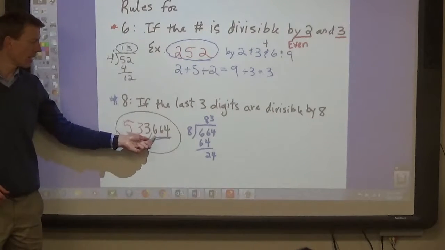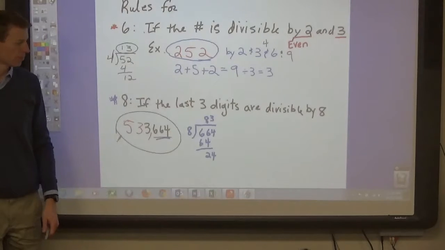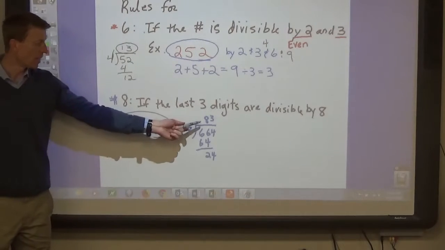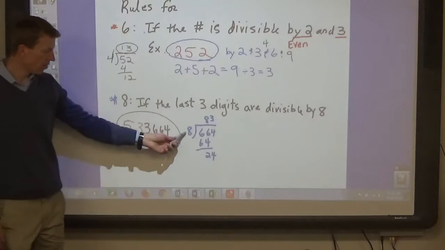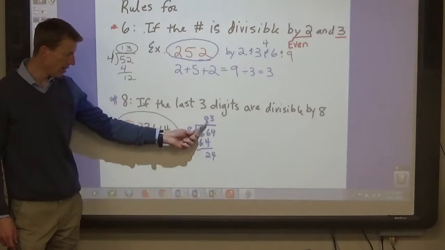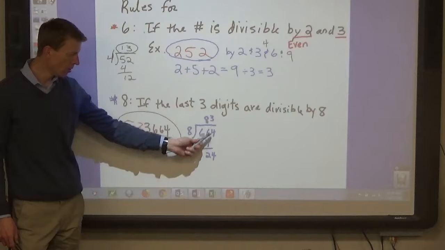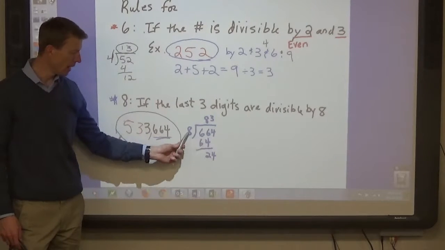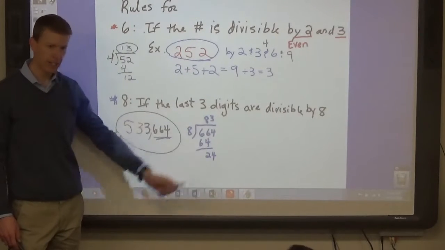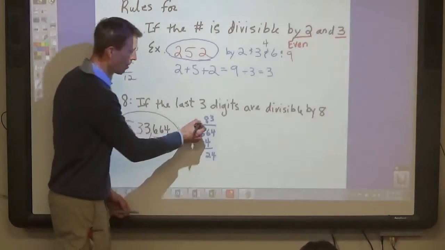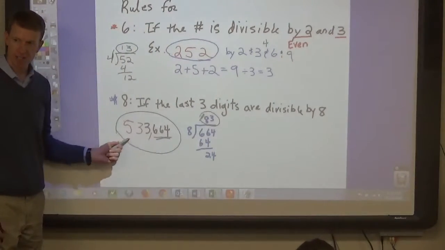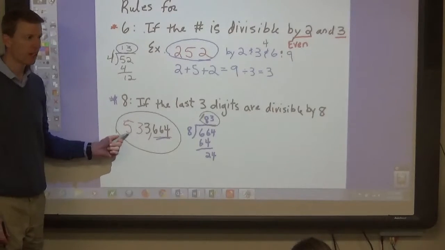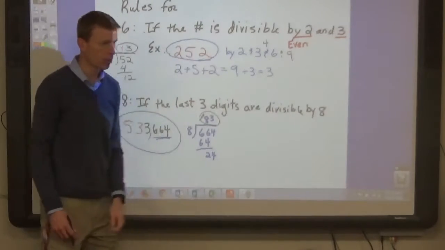You can just check the last 3 digits. And look, the last 3 digits are divisible by 8. 8 goes into 66 8 times. Remainder 2. Bring down the 4. 8 goes into 24 3 times. So, is this number divisible by 8? Yes, it is. Because the last 3 digits are divisible by 8.